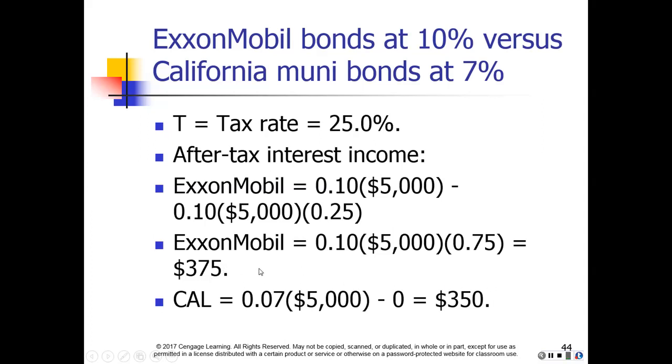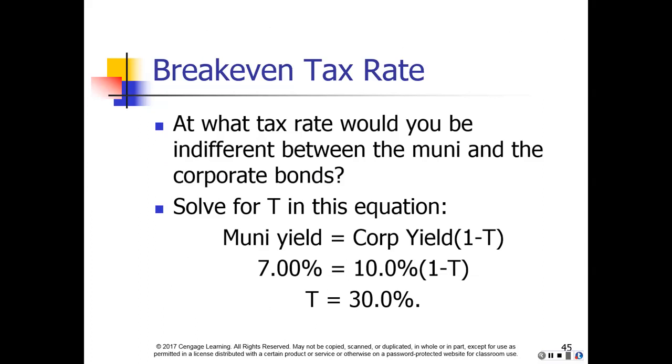We look at the after-tax cash flows from interest payments from the two and then make a decision. In this case, the ExxonMobil bond still comes out ahead because we get 375 in interest every year, not just 350, right?